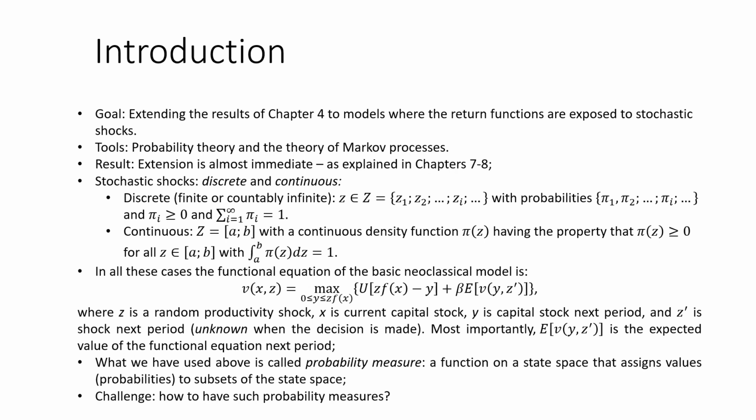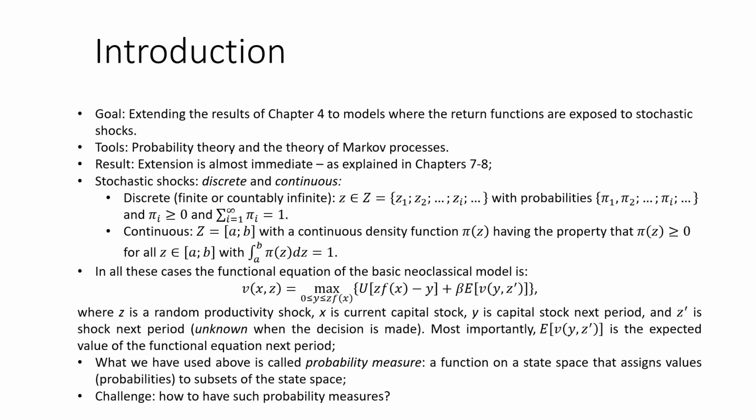Plainly put, a discrete stochastic shock is the case when the shock variable takes on distinct values from a set, and all the elements in this set have distinct, of course non-negative, probabilities, and the sum of these probabilities is 1.